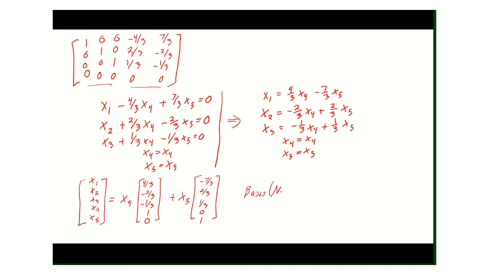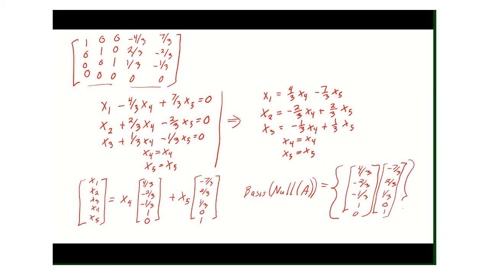So my basis for the null space of A are just these two vectors. It's 4/3, minus 2/3, minus 1/3, 1, 0. And my second, minus 7/3, 2/3, 1/3, 0, and 1. There is my basis for the null space.